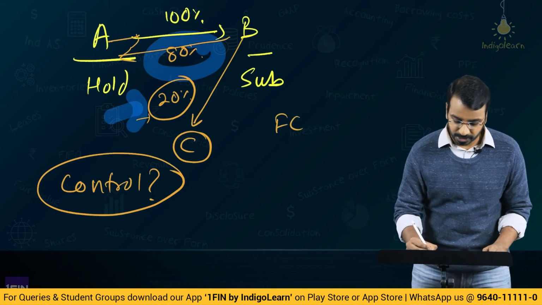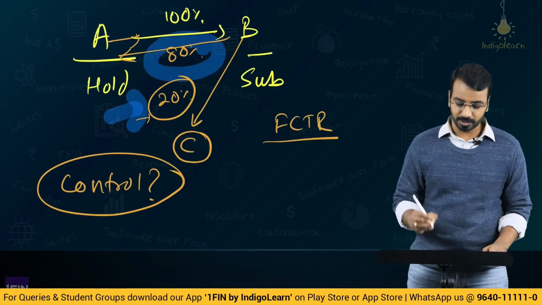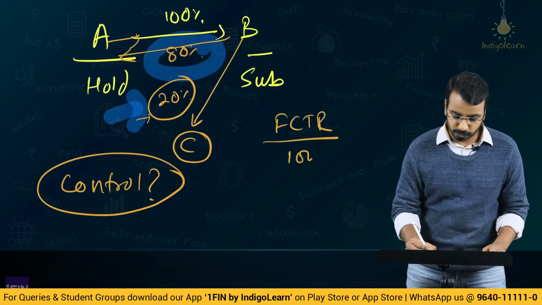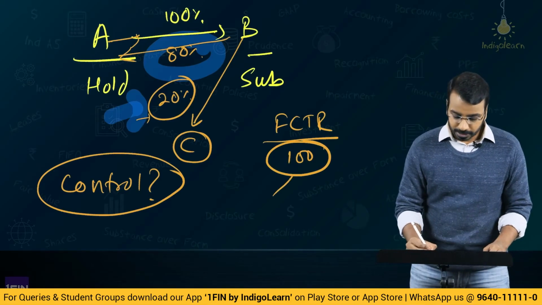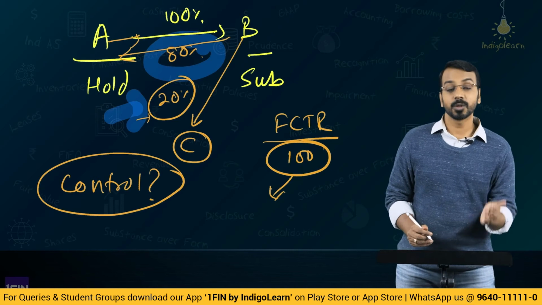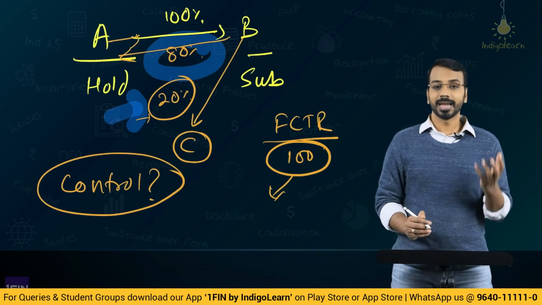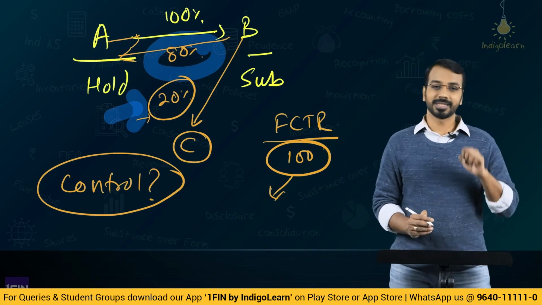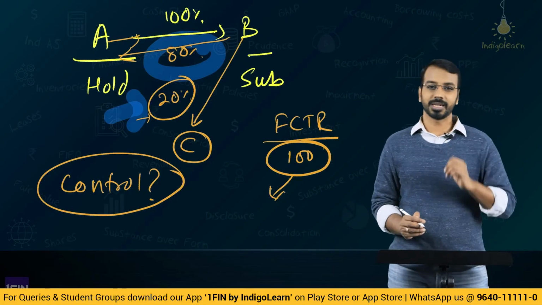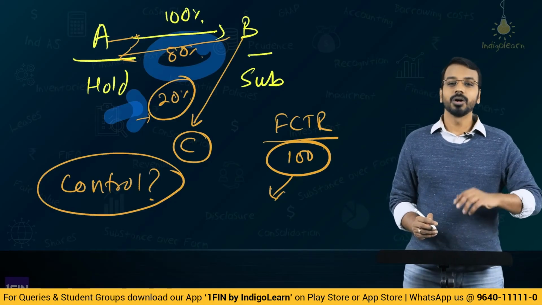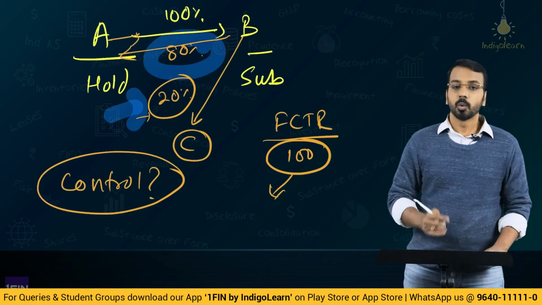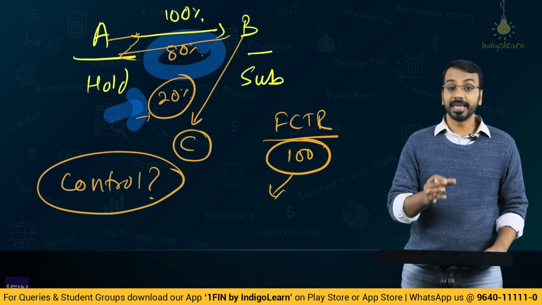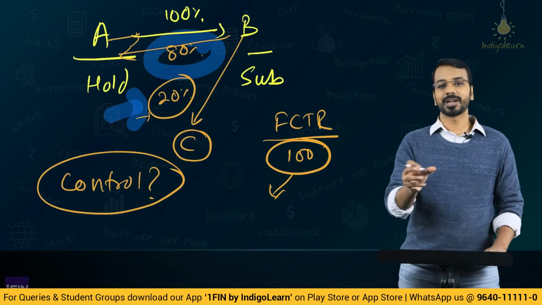So from the FCTR, foreign currency translation reserve, let us say you have a balance of 100. Now earlier the entire 100 was recognized in OCI. Now when the reporting entity reduces its stake, but there is no loss of control, it still is controlling the subsidiary, what should be done is, proportionately, the amount from OCI has to be transferred to NCI.